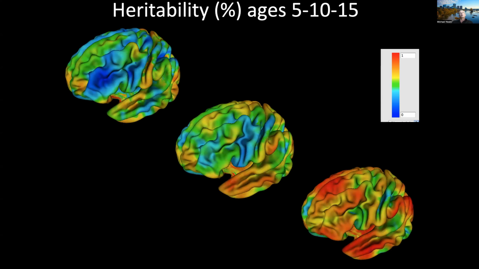And the same is generally true when we look at the heritability of the left cerebral cortex. Again, a lot more high heritability in the 15-year-olds than at the younger ages.